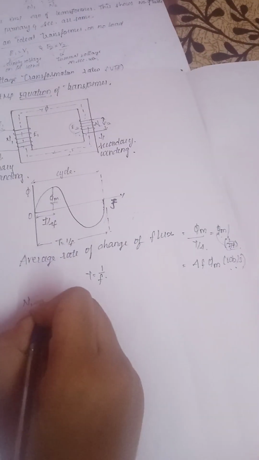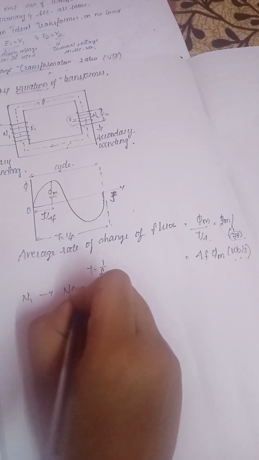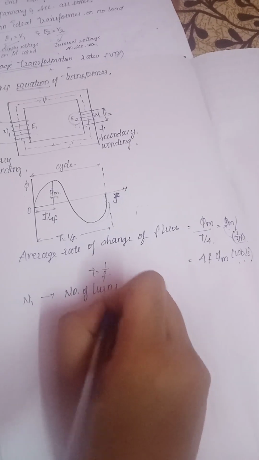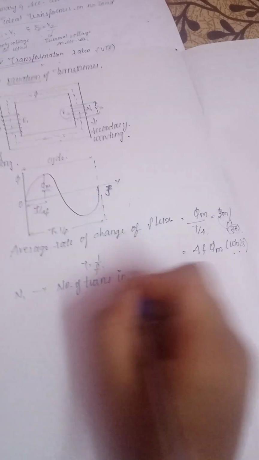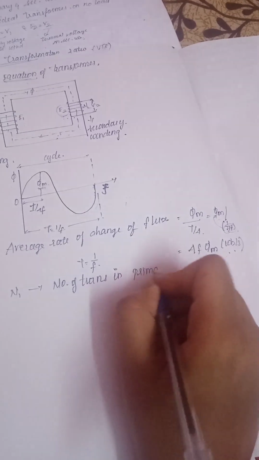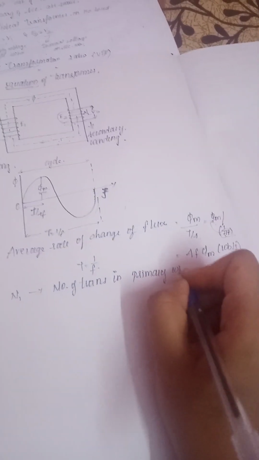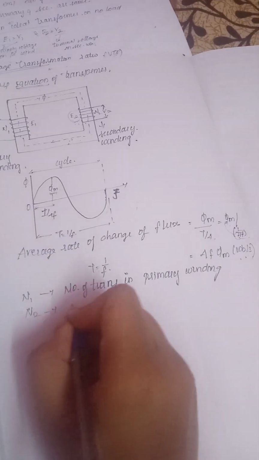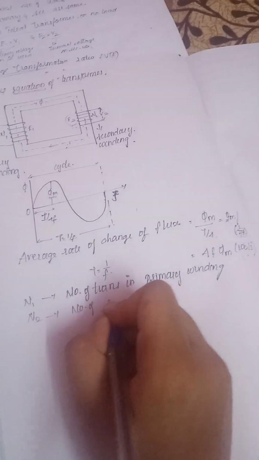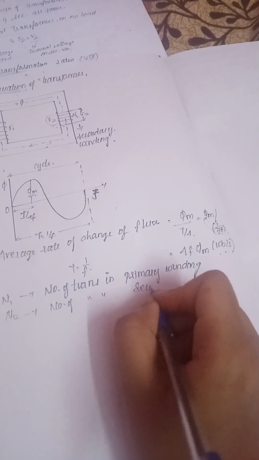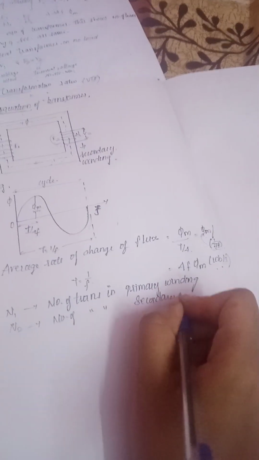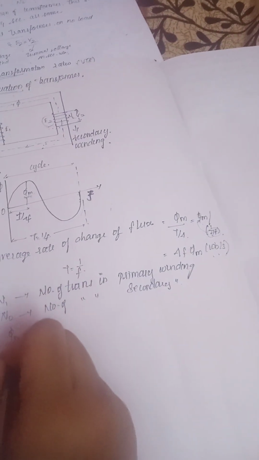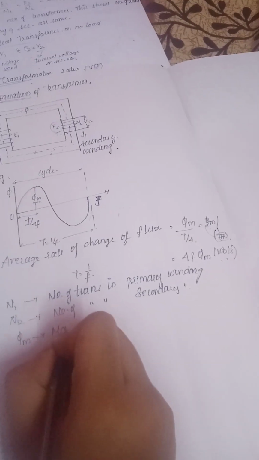N1 is the number of turns in the primary winding, and N2 is the number of turns in the secondary winding, and phi m is the maximum flux, right?